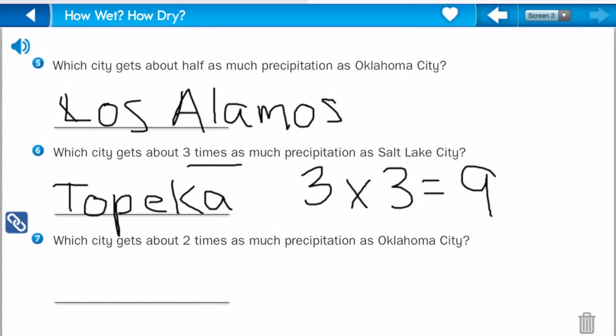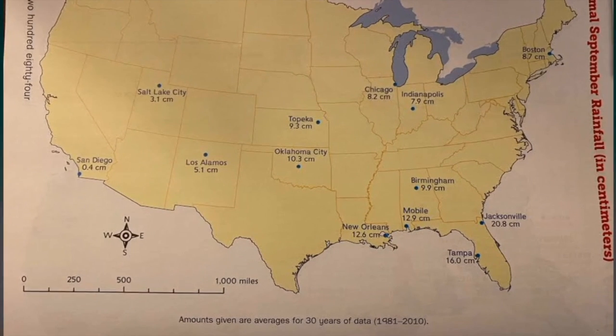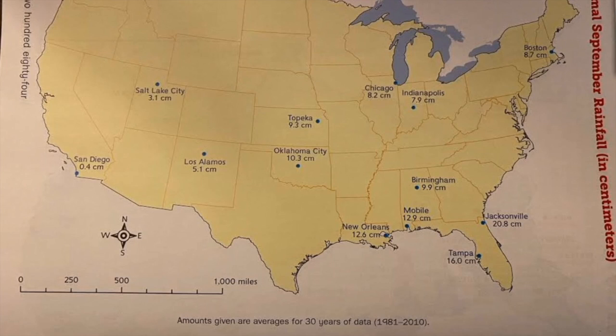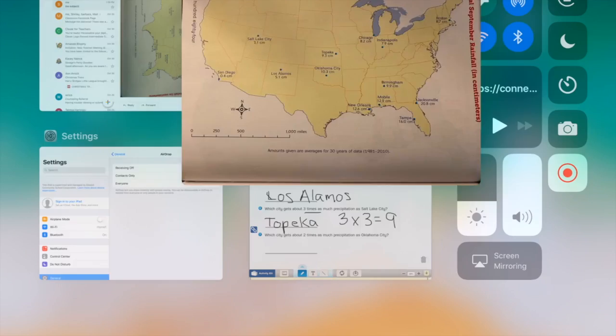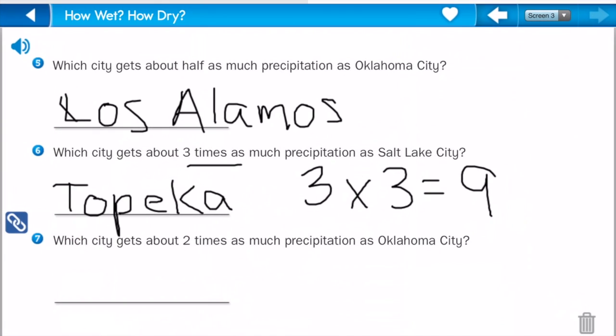All right. We're looking to see which city gets about 2 times as much precipitation as Oklahoma City. So let's go back and look at Oklahoma City. They get about 10.3, and if we round that, it goes to about 10. And we know that we need to take 10 times 2 because they're asking how many times as much.